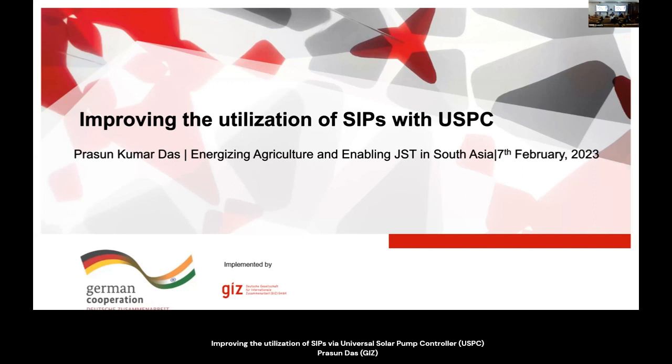There the targeting is such that he doesn't have any requirement for that kind of application. He doesn't have any additional appliances, like a motor to run, but he has a USPC. So he is happy with the pump, but he doesn't have anything else. The other thing is that in some places it is already grid connected, so he is already getting grid power. So why is he going for USPCs?